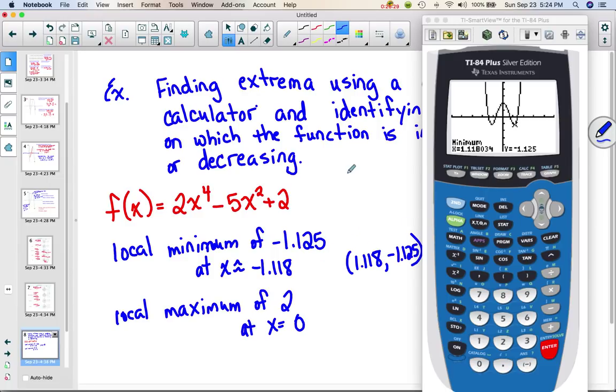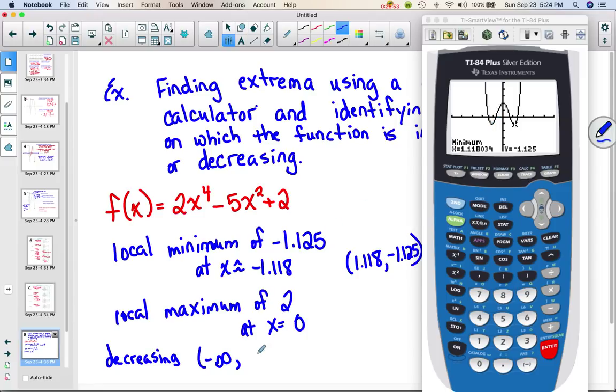So now what do we do when we talk about increasing and decreasing? Remember, it's decreasing where it's falling, it's increasing in between. So I can see that it's decreasing from negative infinity up until the x value that I had a minimum. Well, where was that?